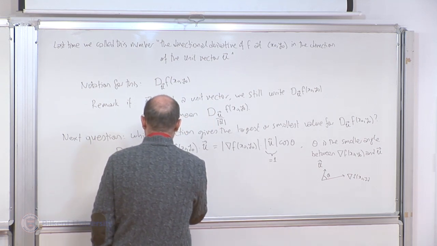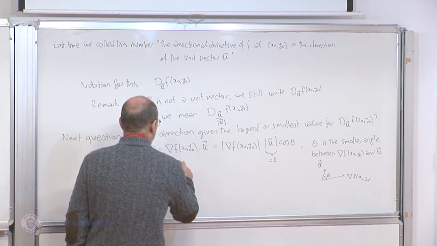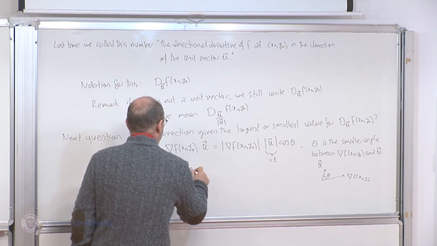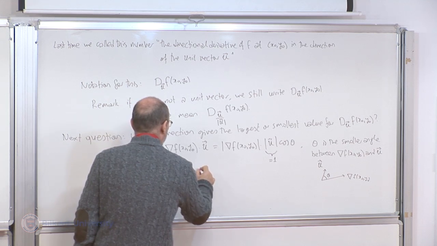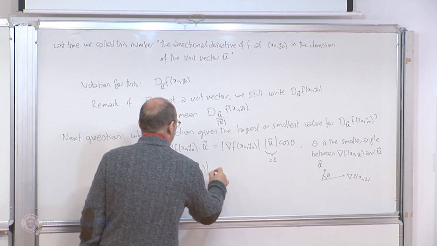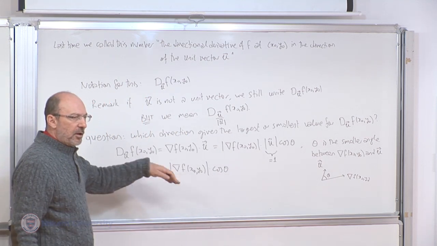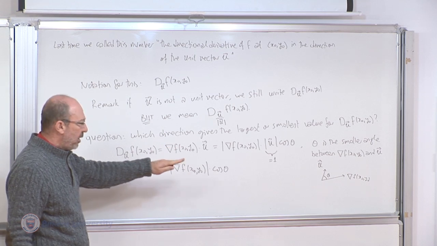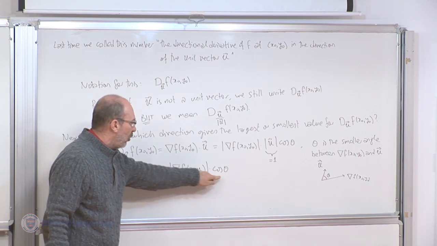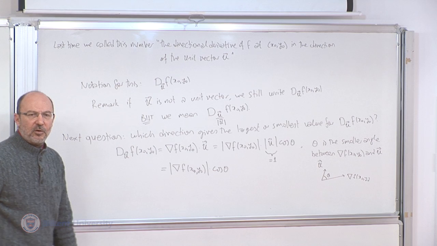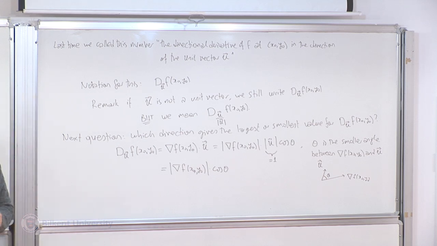So the directional derivative is the length of the gradient at that point times cosine theta. No matter which direction we are looking at, this number remains the same. Only cosine theta is changing. Suddenly the problem collapses. We look at the minimum and maximum values of theta, and that gives us the direction.